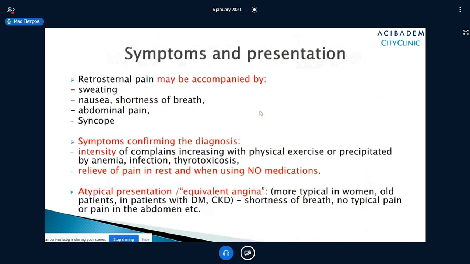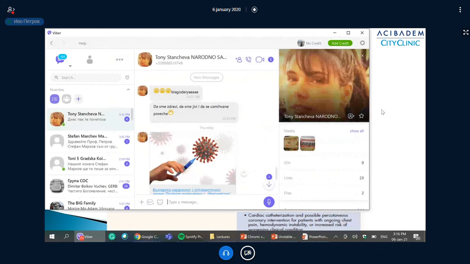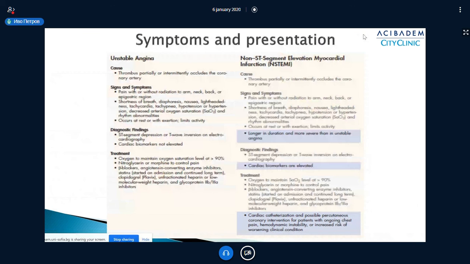unstable clinical features. And this is a table showing the difference between unstable angina and non-ST elevation myocardial infarction. This is very important because, as we have spoken already, in case there is only unstable angina, we have no myocardial necrosis.